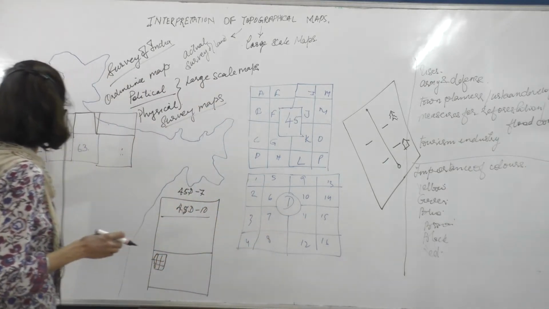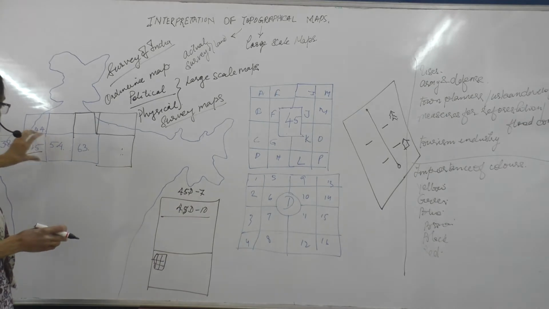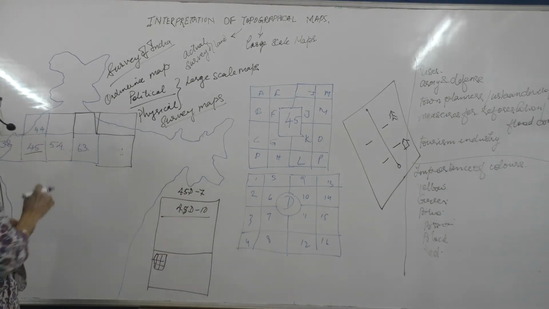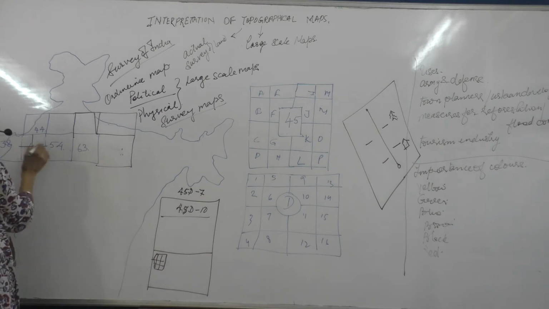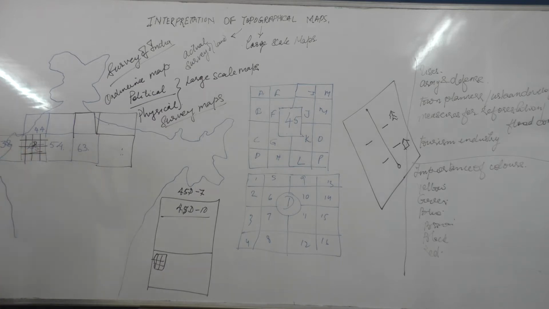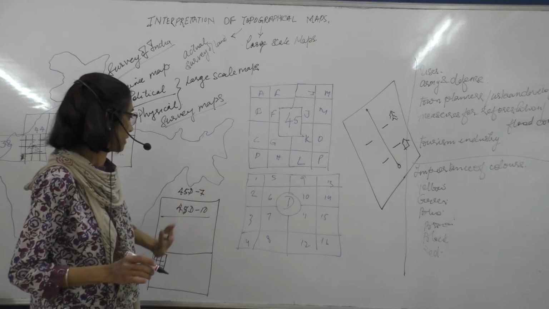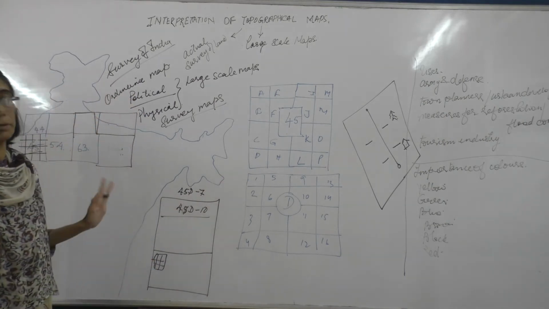The number 45 will only give you this much space. If you want much more detail of any particular place within this, then you need to pick up the 45D sheet. If you need a detailed map of this region, then you divide it into further divisions and pick up 45D2, 45D1, whatever the number is.